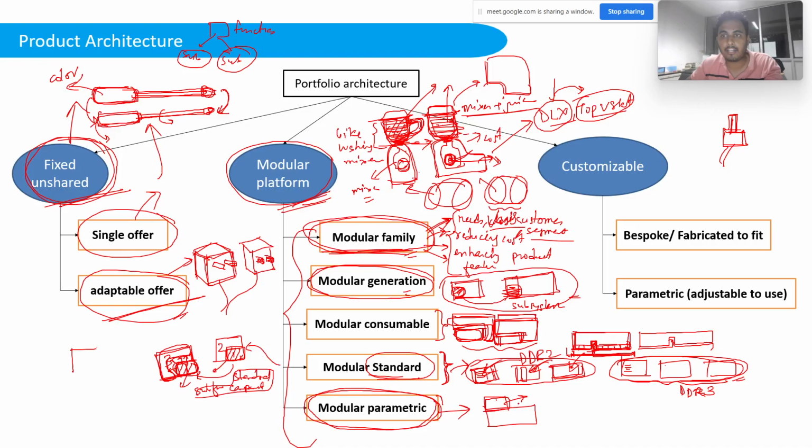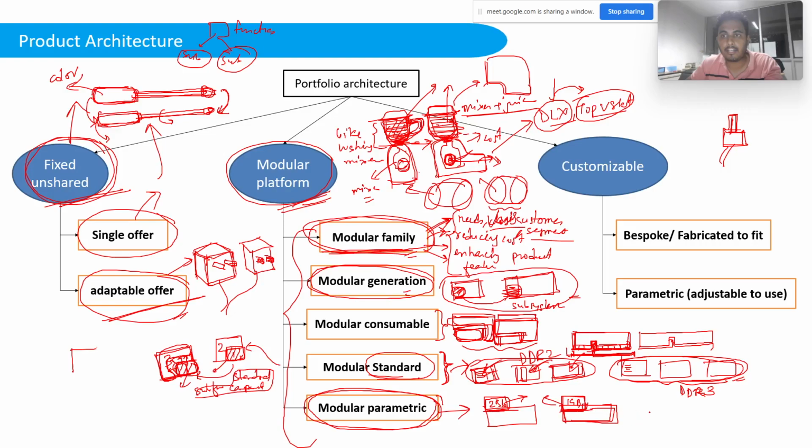So the user can choose a parameter in that modular unit. RAM can again be an example. For example, you have provided a slot. You can choose either 256 MB or 1 GB. It is up to you. So your design is basically modular parametric. This is standard also, and parametric also.